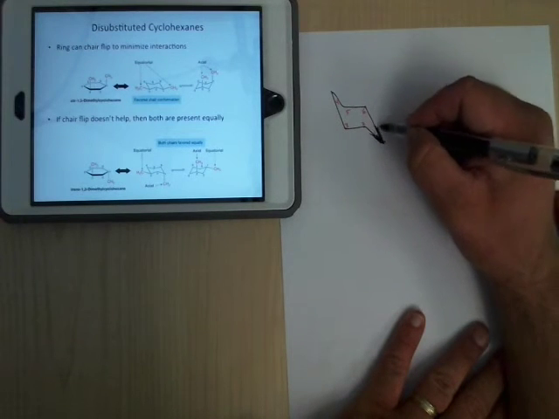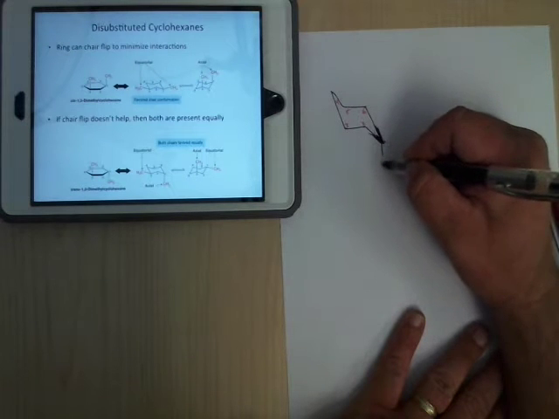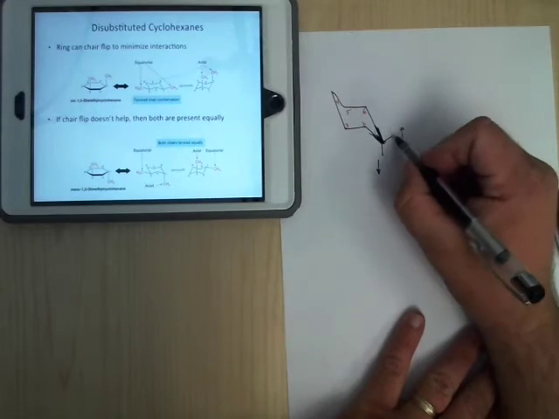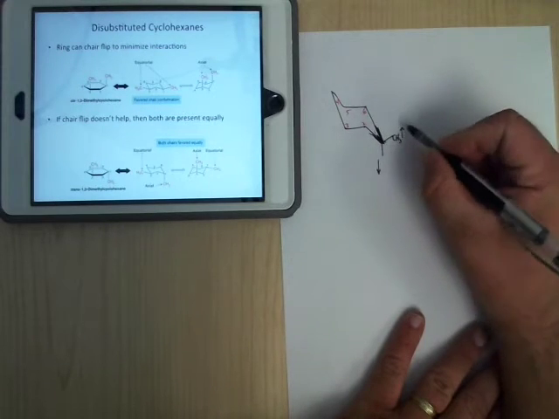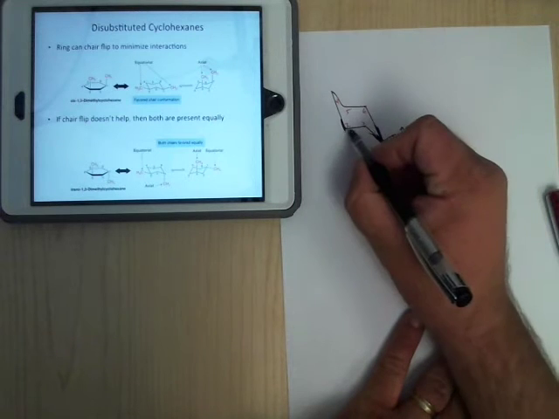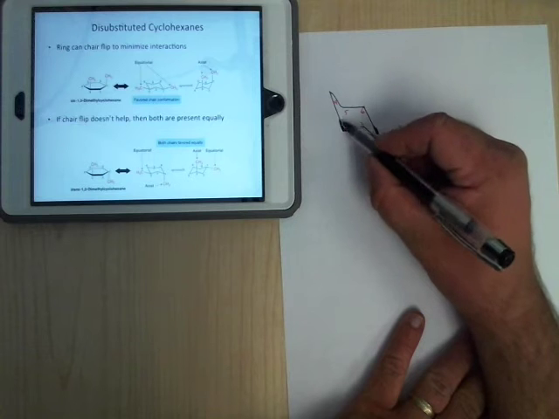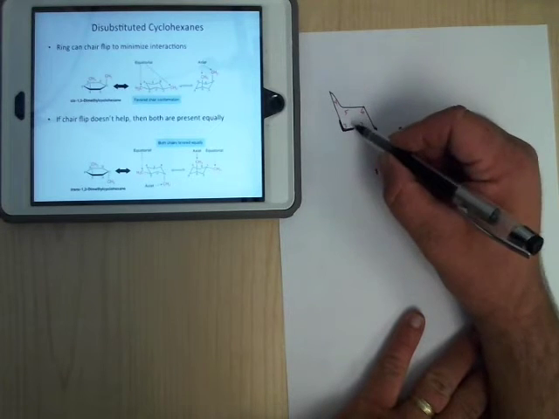Notice how these things are pointed down. That means the axial is down, so that means the equatorial is up. So let's say they're both up, so that would mean the CH3 is here. And here again, these guys are pointed down, the carbon-carbon groups are pointed down.